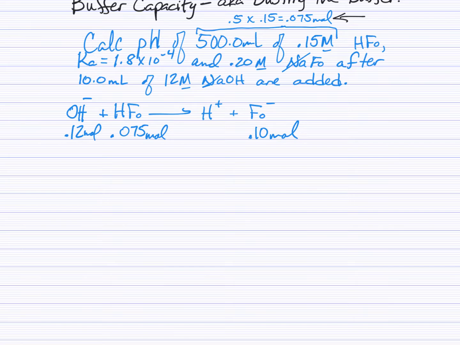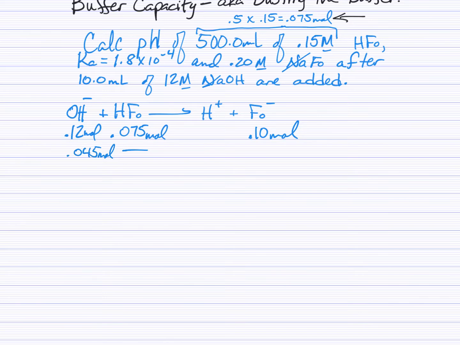So now if I look at the stoichiometry of this, 0.12, 0.075, the 0.075 is going to completely react, and what we're going to be left with is 0.045 moles of this.